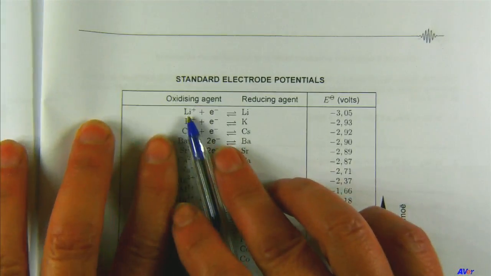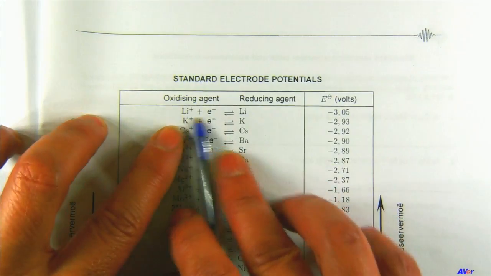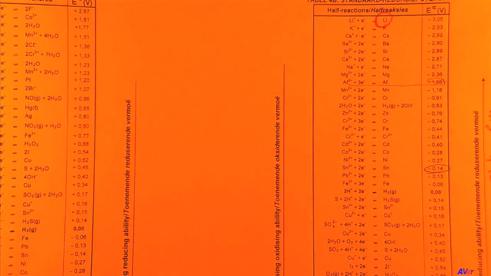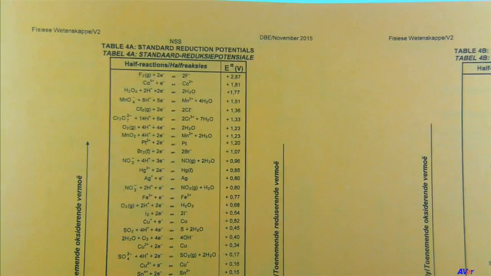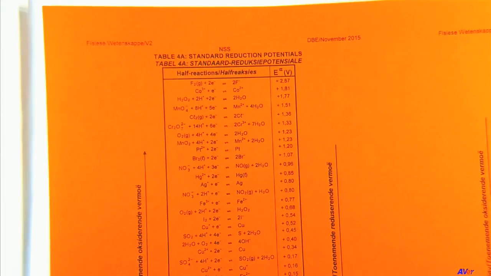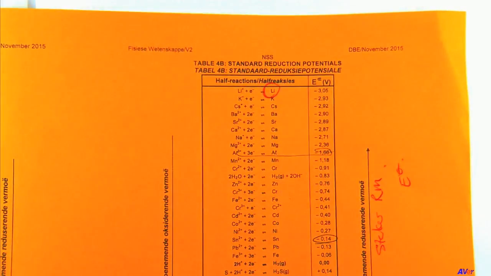If you look at this, it's half reactions. Before I take you to that one, just look quickly at your orange paper. On your orange information sheet, you will see there's 2 tables. Now, there's a little bit of history to this.